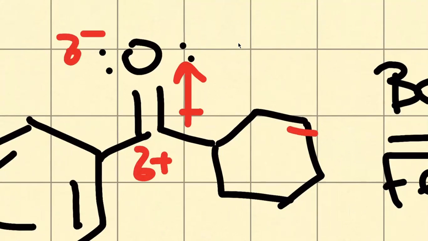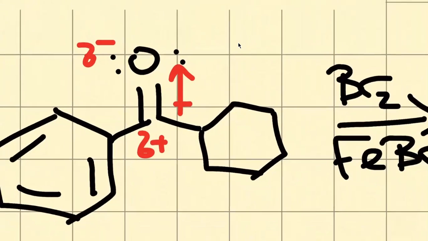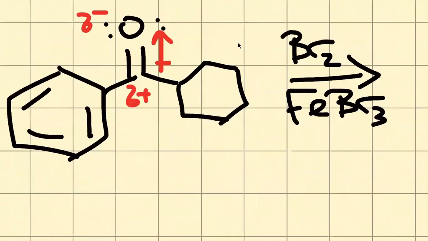If that carbon is partially positive, it's not a donor, right? It's an acceptor. Acceptors accept electrons. And in order to accept electrons, you have to have either a full positive or partial positive, in order to be able to accept a pair of electrons, or even to accept electrons inductively.